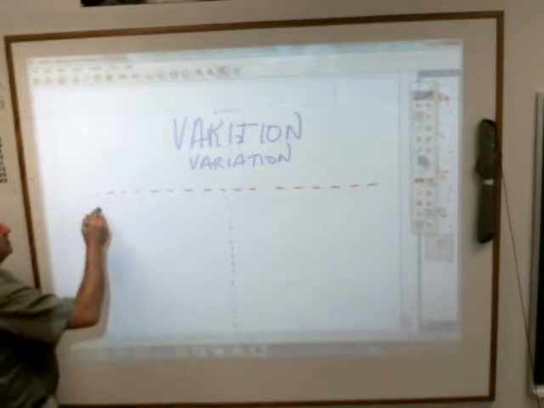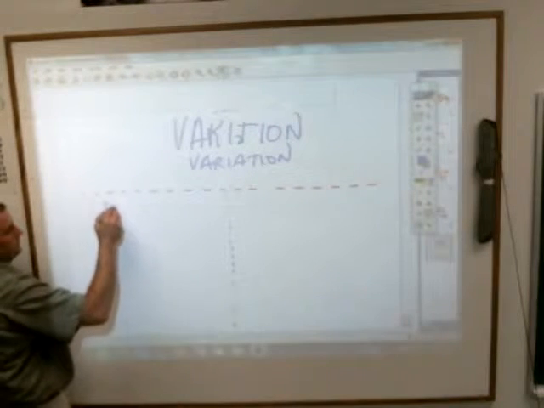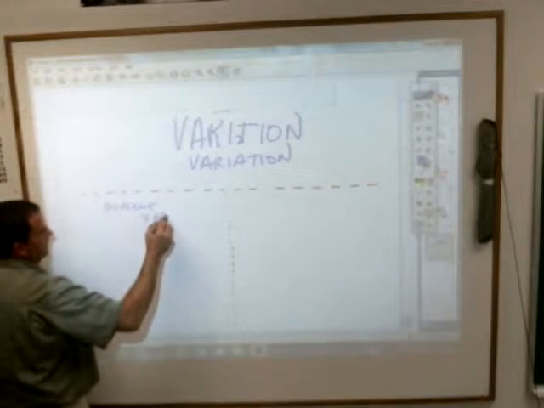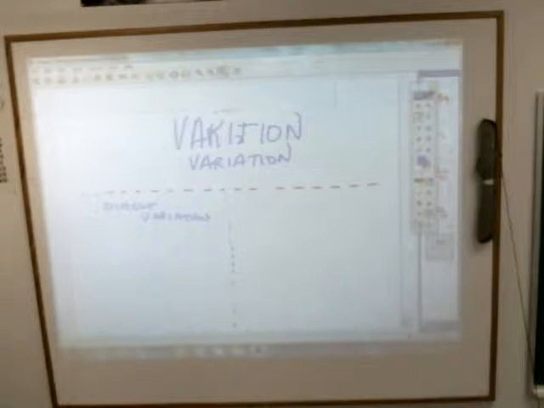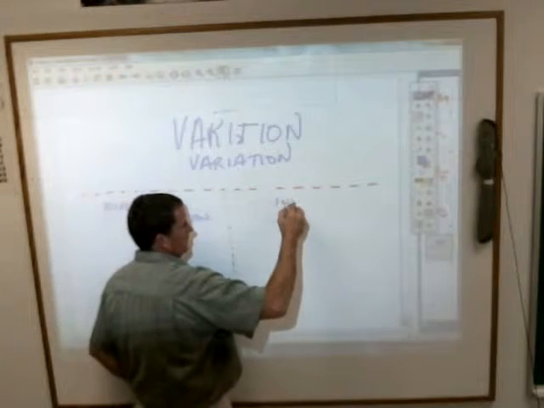Okay, we've got direct variation, which we've talked about way back halfway through your 7th grade year. And then what we're actually talking about today, which is, you'd like to think if there's direct, there's indirect, but it's not called indirect, it's called inverse variation.